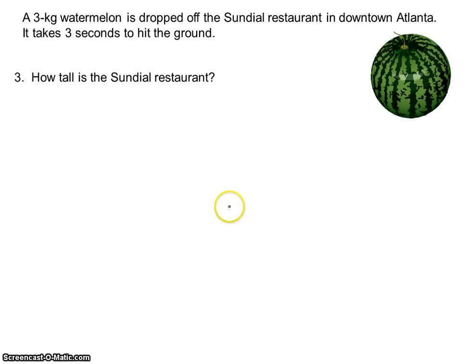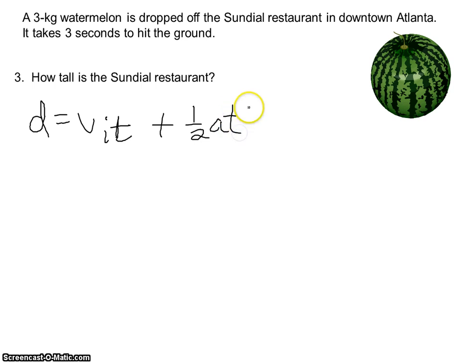The third question was, how tall is the sundial? Now that's another distance question. So again, distance is initial velocity, which was still 0, dropped from rest. The time is now 3 seconds.